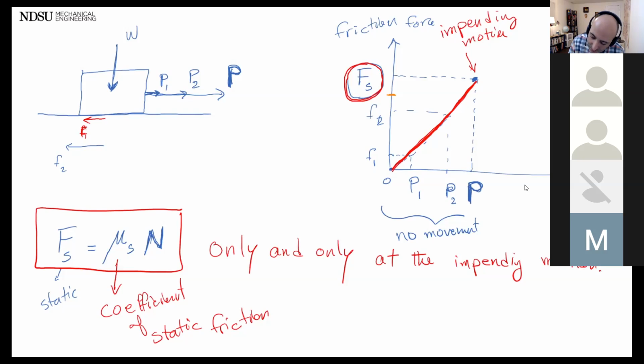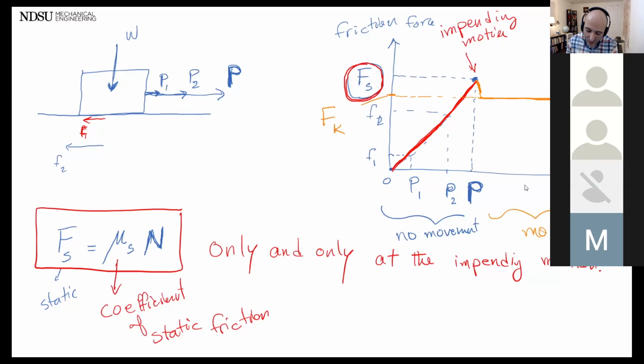kinetic friction. So the graph drops a little bit, and then it stays constant like this. Okay. So this point, there is movement. All right. This one is called Fk, and that's kinetic friction.